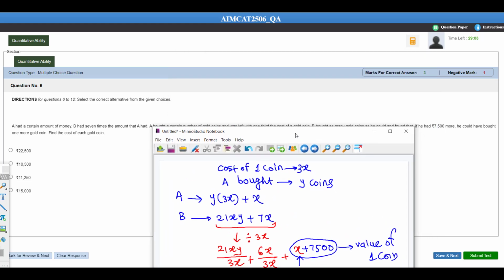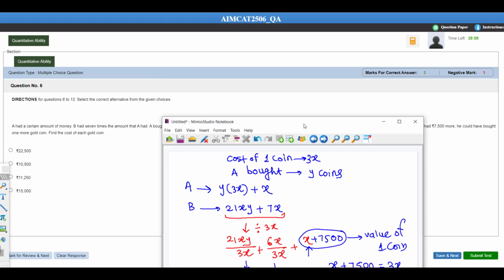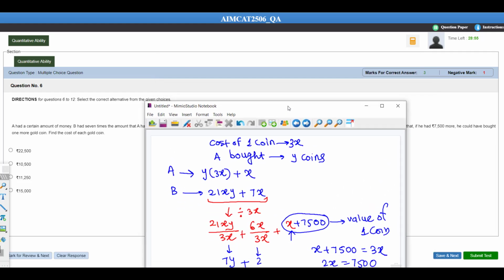Now the question is to find the cost of each gold coin. I guess I made some mistake over here. Let me check this again.